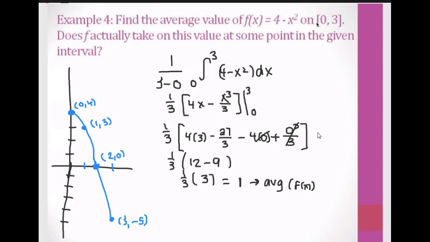It doesn't ask me, though, for the average value. It asks me to determine, does the function take on the average value? So just like for MVT, what we did was say, okay, what is the slope of the secant? Does the derivative equal the slope of the secant? So in this case, what is the average value? Does the function ever equal the average value? So we're going to set 4 minus x squared equal to 1.